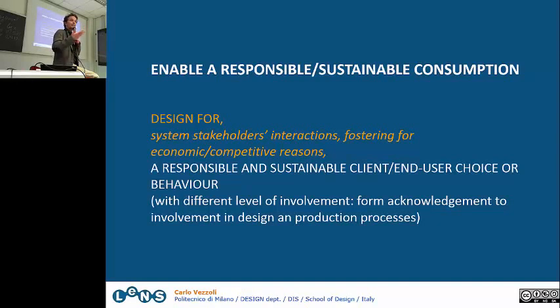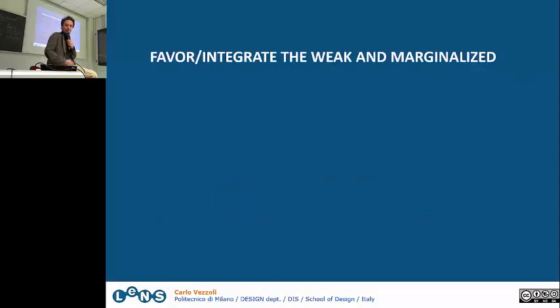Or the final user could be more involved in the offer. You will see some examples in which the end user is even the designer, or is co-designing, or even co-producing the product that then he is using. Okay, so you will see that this could be on different levels of involvement.